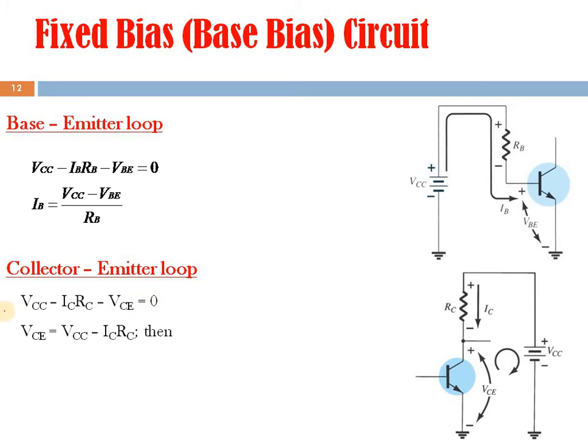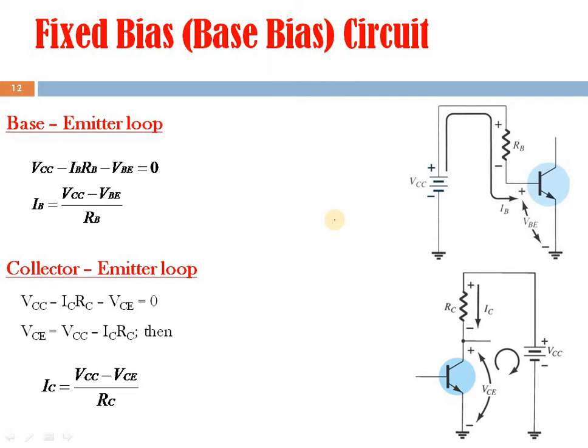From this equation you can find IC, which is VCC minus VCE divided by RC. But what we are more interested in is the relationship between the input current and output current, and how beta affects the stability.